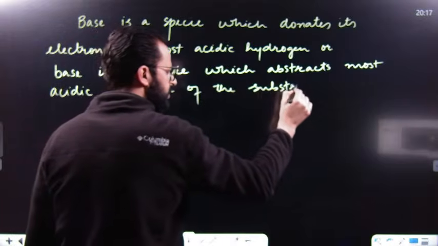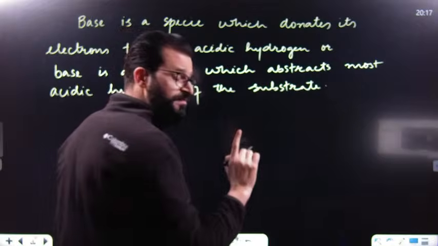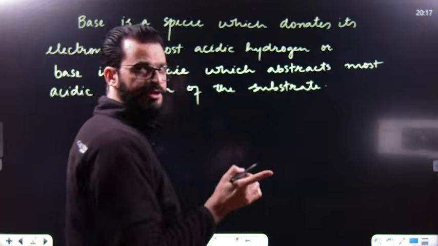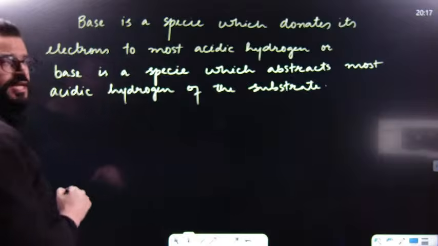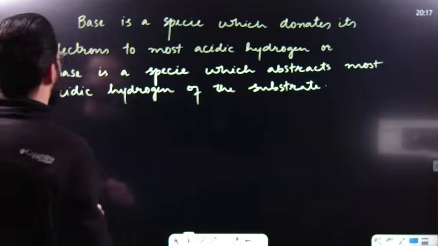So the only difference: a nucleophile donates electrons to the electron deficient site other than hydrogen, and a base donates its electrons to the most acidic hydrogen of the substrate.